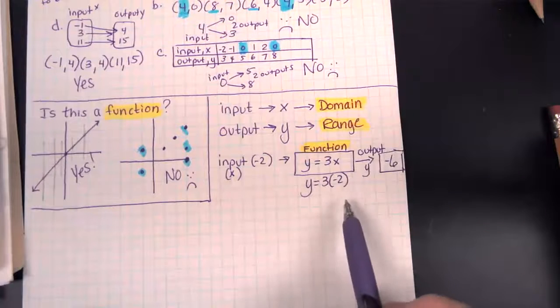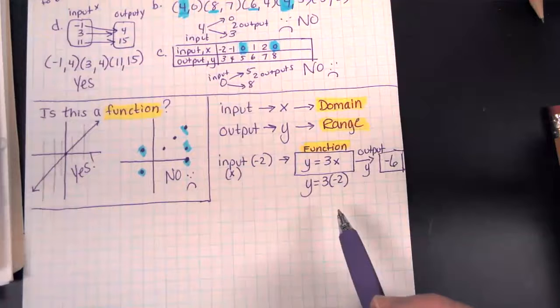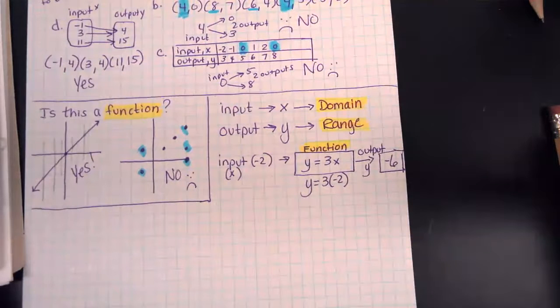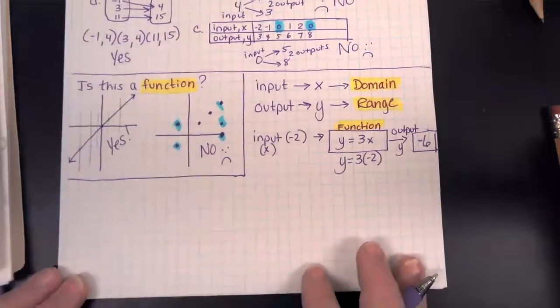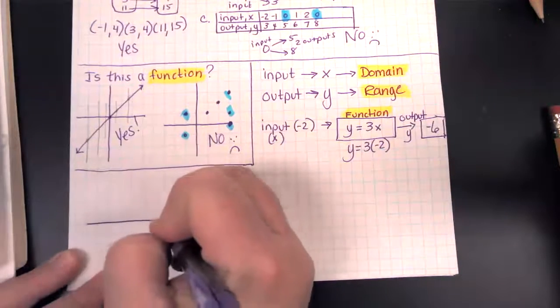So input is what you're putting in, and output is really your Y value that you're getting. So being able to put together your domain and range is kind of an important topic. So let's try it.